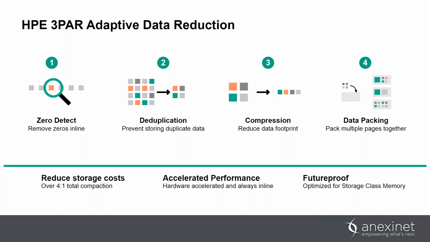And then data packing, being able to pack multiple pages together and present them, further increasing your data reduction. You're looking at reducing your storage costs with over a 4:1 total compaction, increasing performance, having all of this be done via hardware and always inline. And then again, future-proofing yourself for things like SCM memory coming down the road.